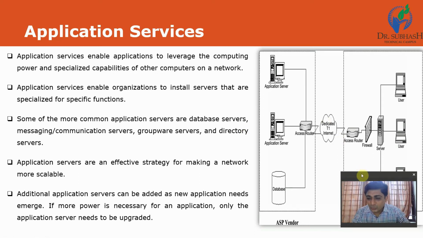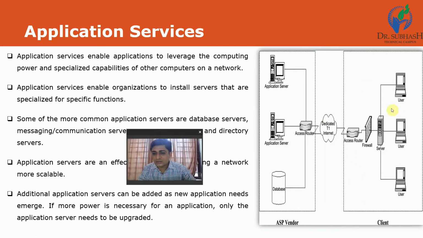Here we have one image. See here, ASP vendor and client. We have two options, vendor and client. What does the vendor use? Application server and database. That is part of the vendor. And what is part of the client? That is user, server, firewall and access router.